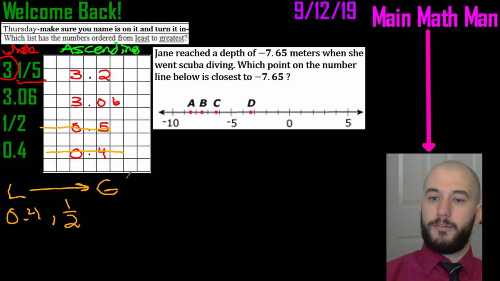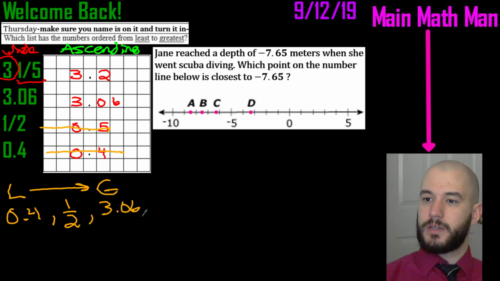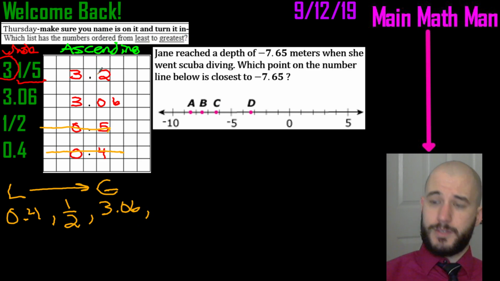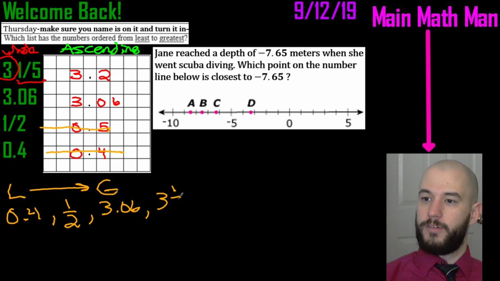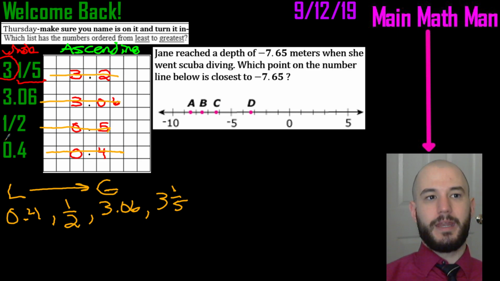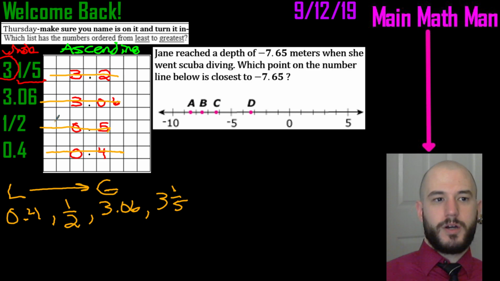So then we have 1/2, and then we're going to have that 3.06. And lastly, this is going to be our greatest value, that 3 1/5. Again, that's that mixed number that we had at the beginning. So make sure you're lining up those columns, looking at those decimal values very carefully.